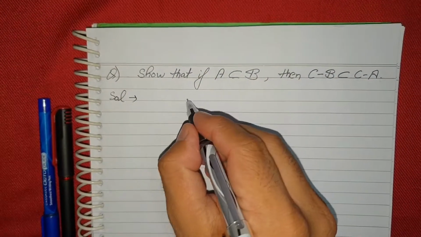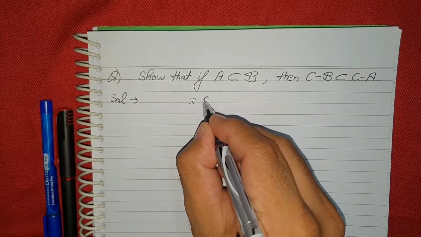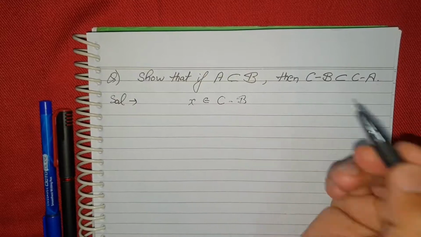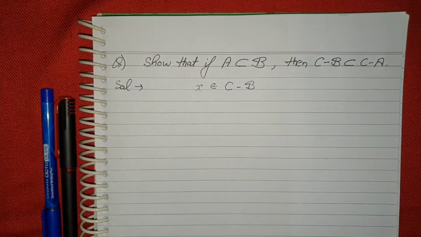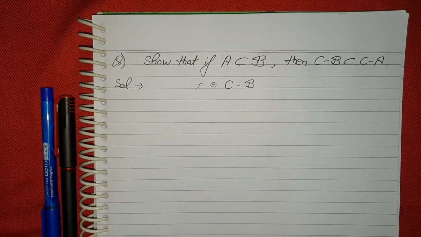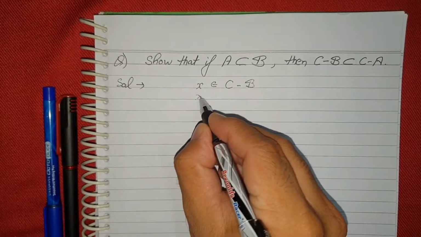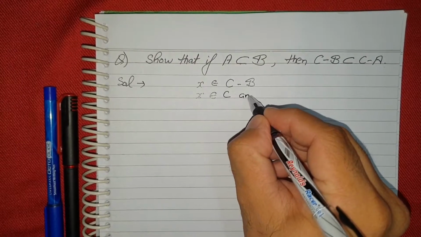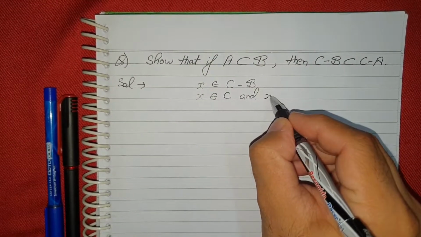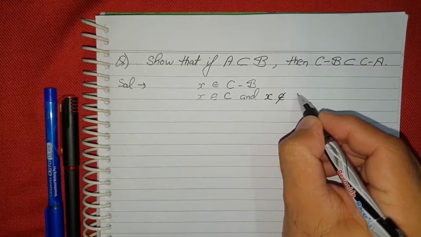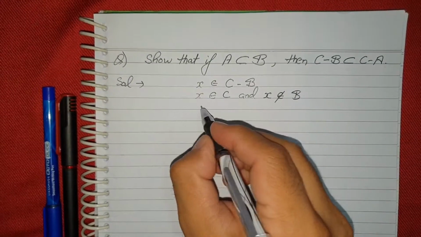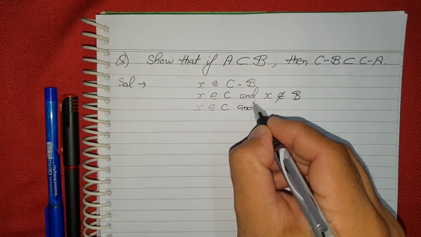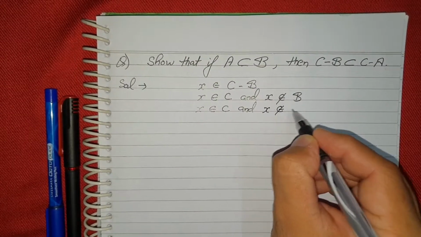We can start with X belongs to C minus B. So let X belong to C minus B. In the next step, that means X belongs to C, and since it is minus B, X does not belong to B. Again in the next step, X belongs to C and X does not belong to A.